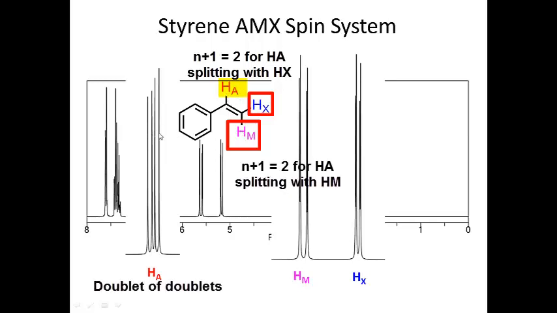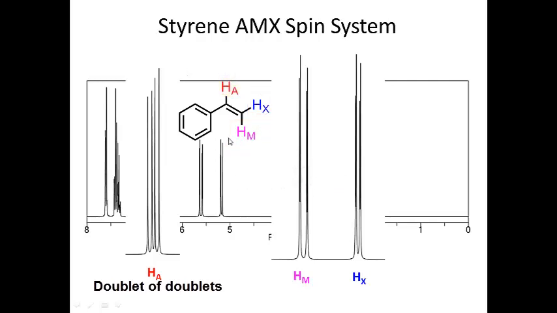We call this type of splitting pattern a doublet of doublets. If you look at HM, it's the same thing. It's going to split with HX and with HA, and you can see that these are two doublets. This is a doublet and that's a doublet, so we call it a doublet of doublets, and it's the same thing for HX.